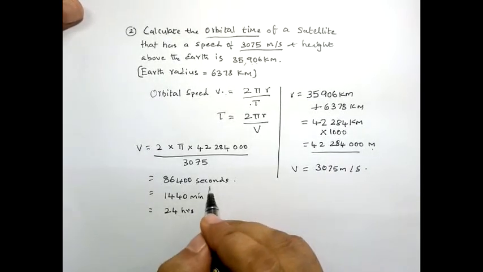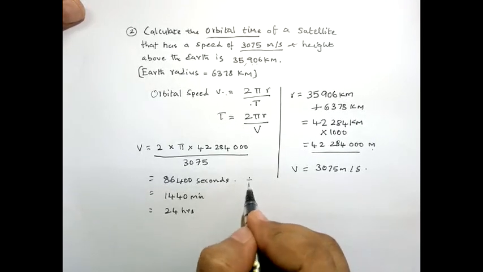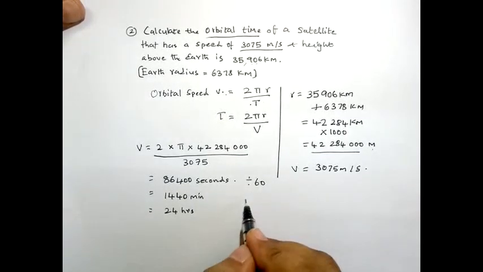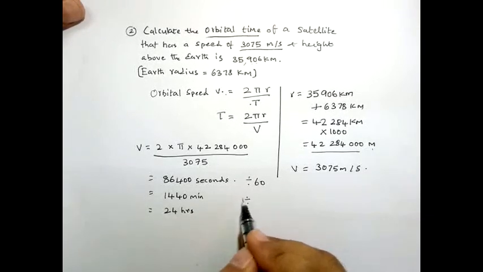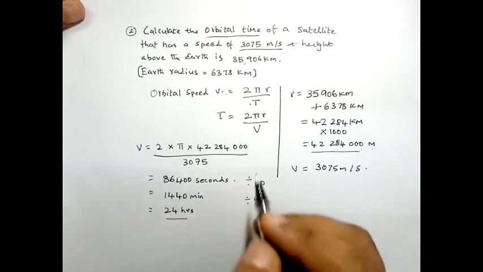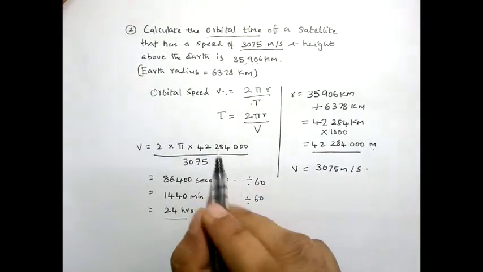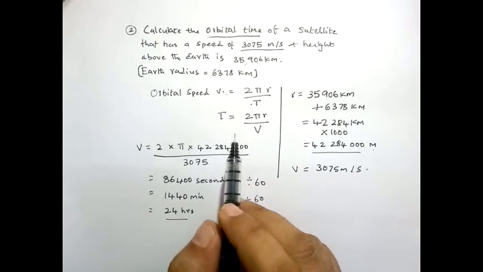How do we convert it? That's very simple. You just have to divide this by 60, and to convert minutes into hours, again divide it by 60. You get the final answer, 24 hours. This is how you are going to do this problem.